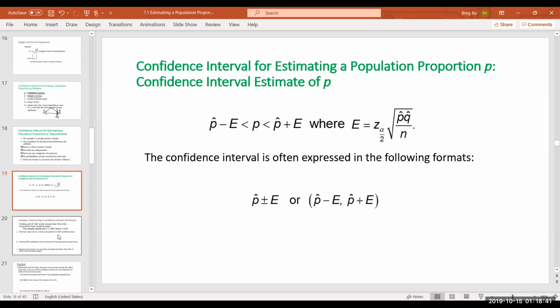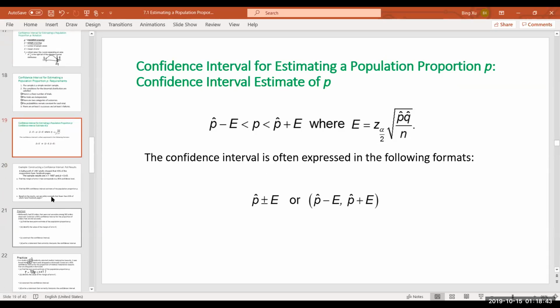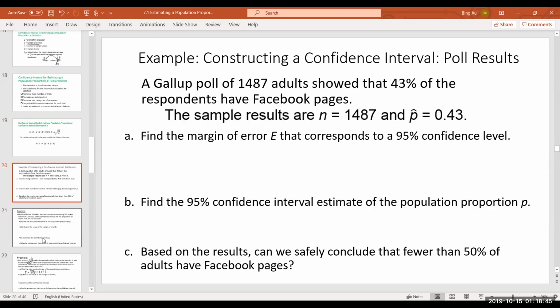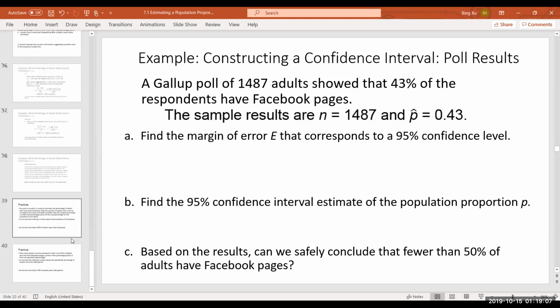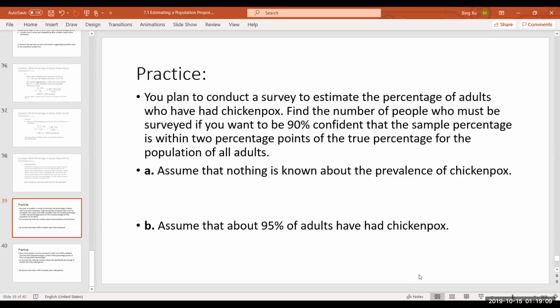Okay, so I talked about this earlier. For example, let's go to a problem in the back. This one.